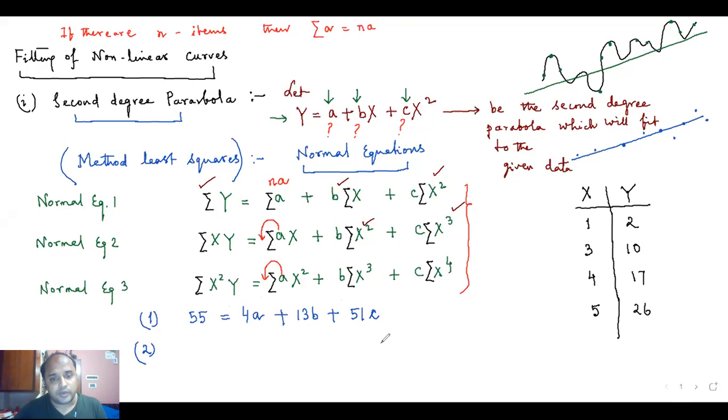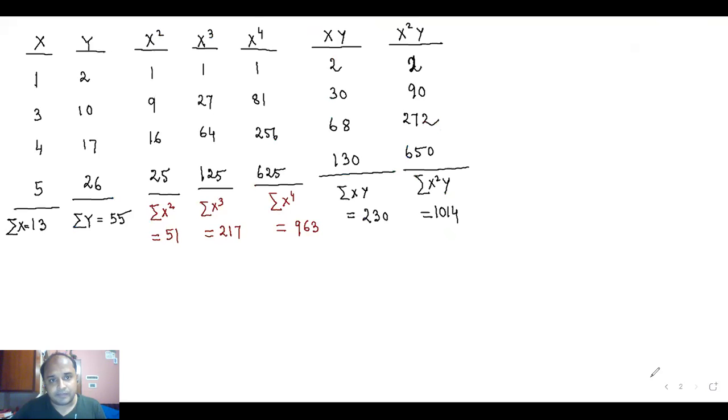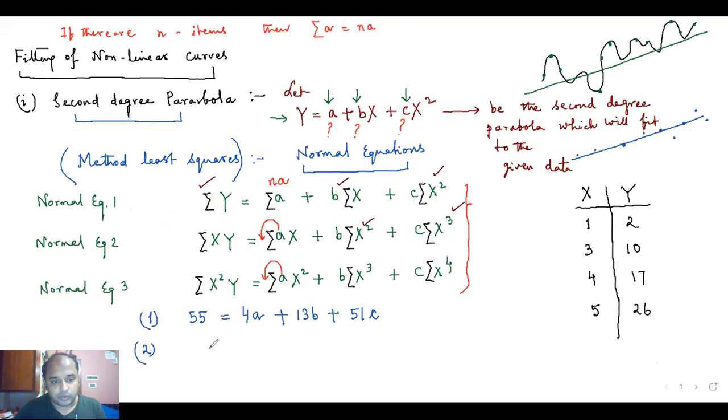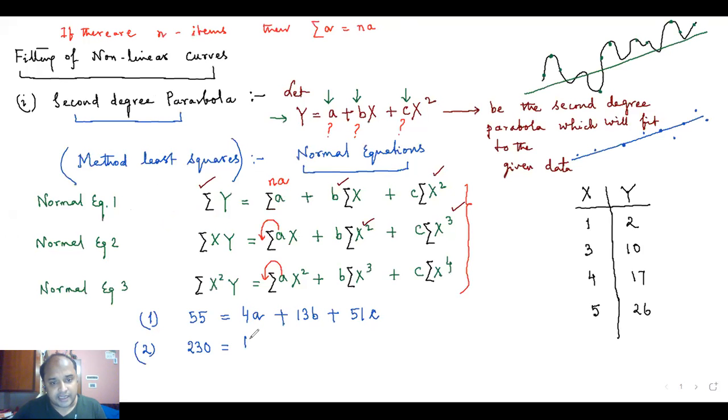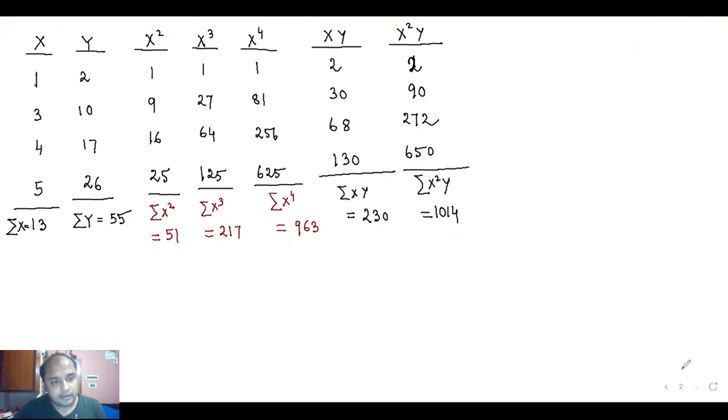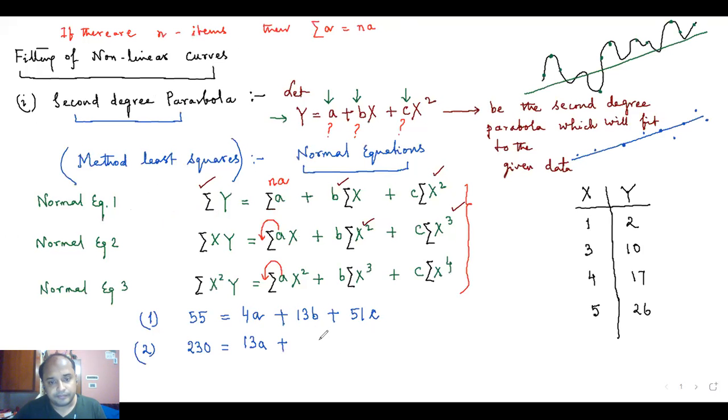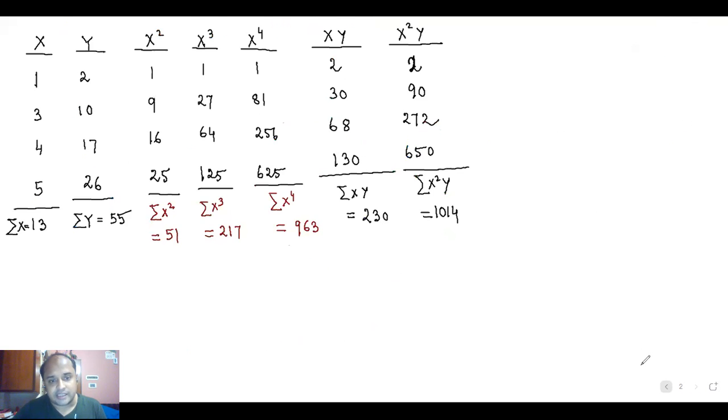My equation 2 is summation xy. Summation xy means 230. So let us write it over here, 230, equals A summation x, which means 13A, plus B summation x square, 51B, then C summation x cube, 217C.